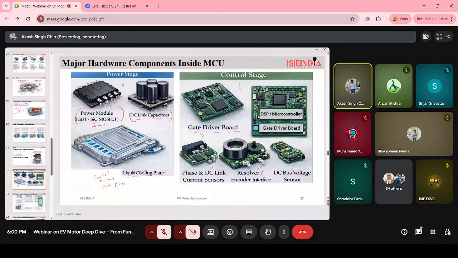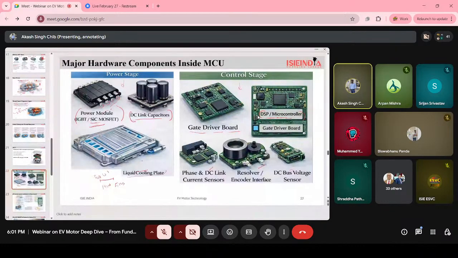Then comes the controller stage. There you can see it is written as DSP microcontroller. Basically, it performs real time calculations. It runs on control algorithms.